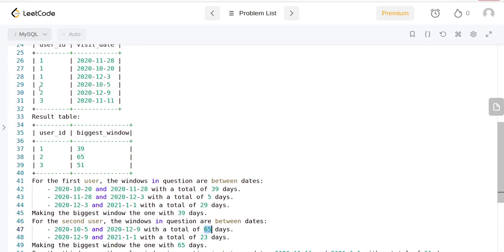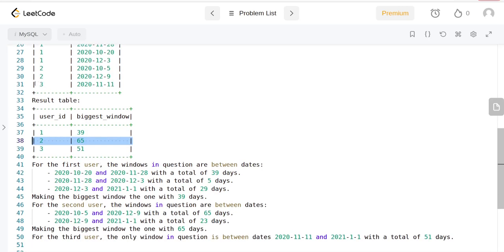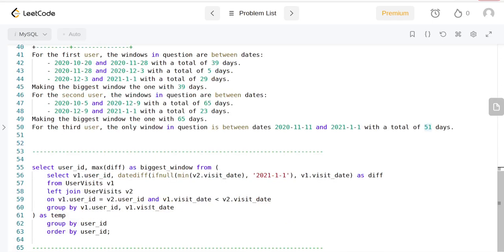And then from this one to January 1st, 2021, we have 23 days. Comparing 23 with 65, 65 makes it to the result. The last user just visited once. If you visited once, all you need to do is take the difference between today's date and this date, which shows up here as 51 days.